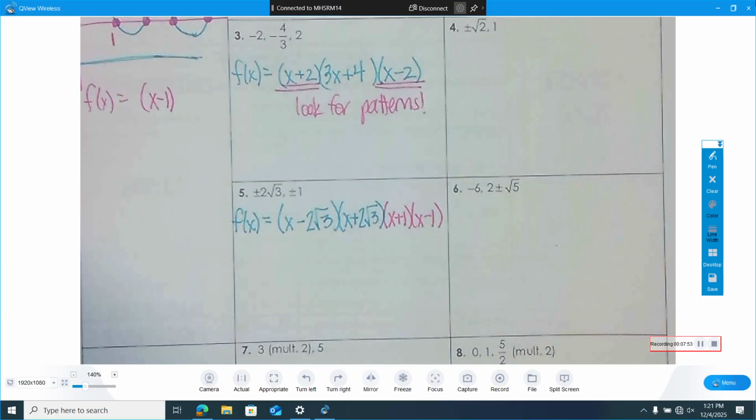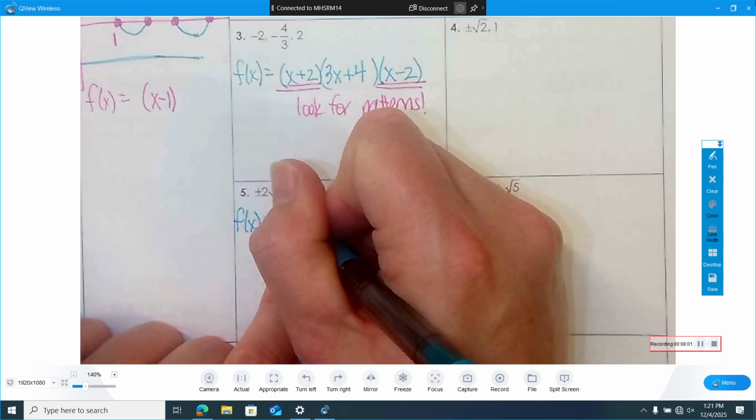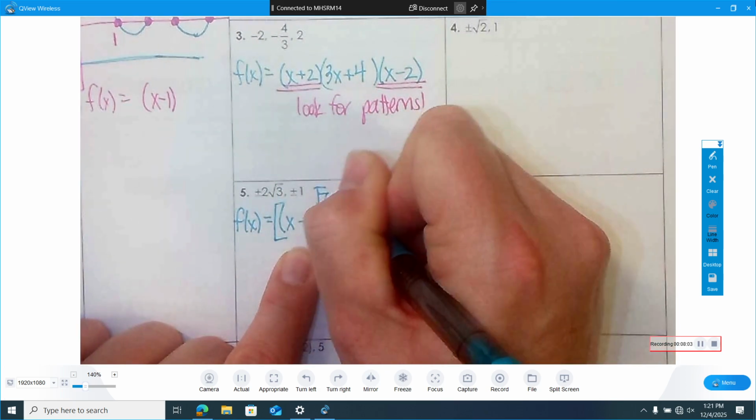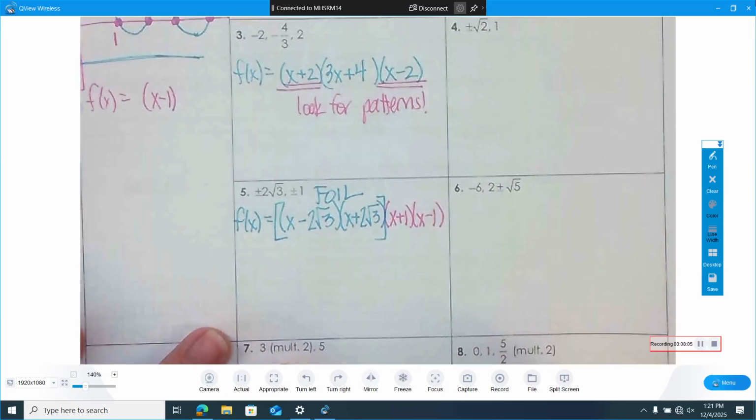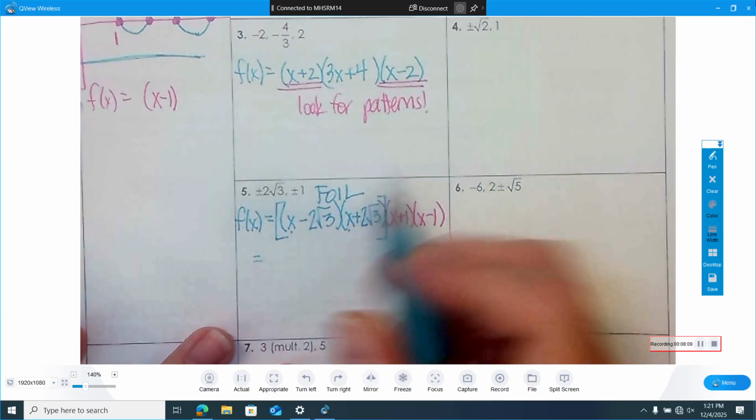Now again, we're looking for patterns, and because these are the sum and difference, they're going to multiply together real nice. So again, we're going to multiply these two together. We're going to FOIL these together, and we're going to be so careful here. First times first is x squared.